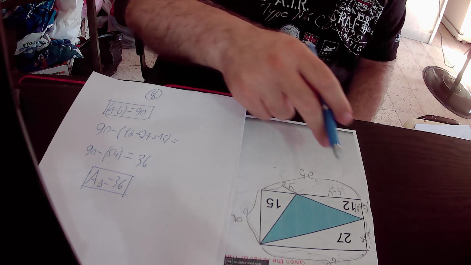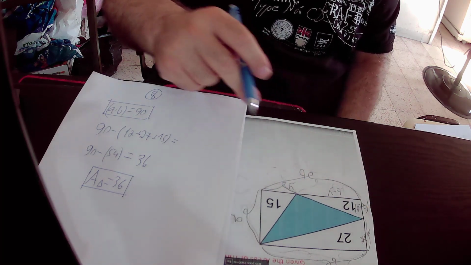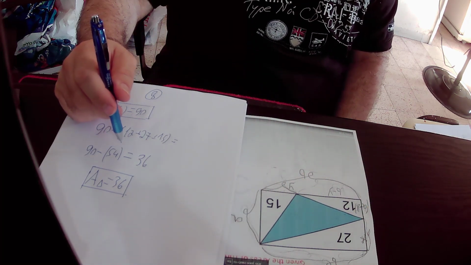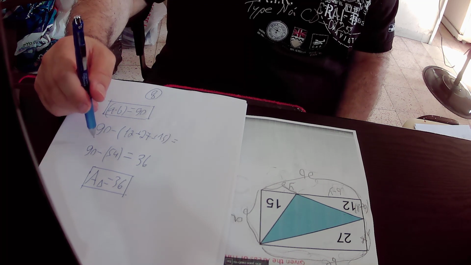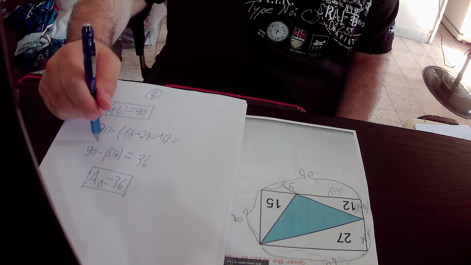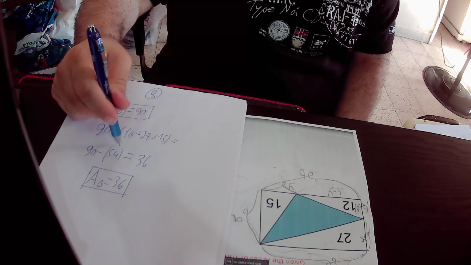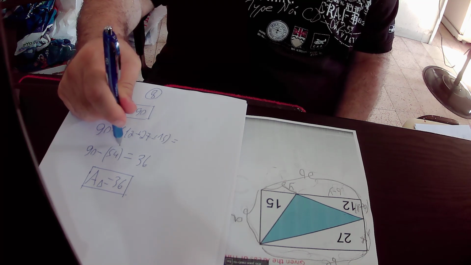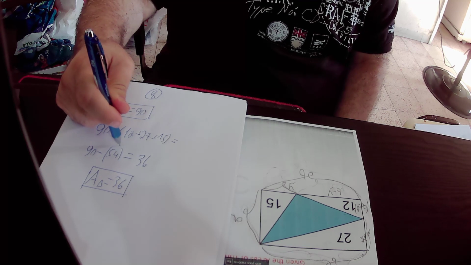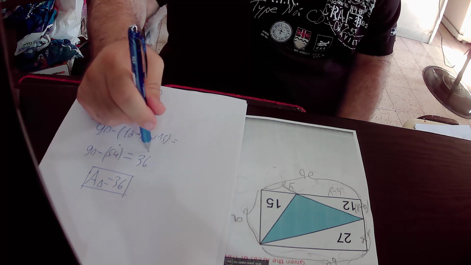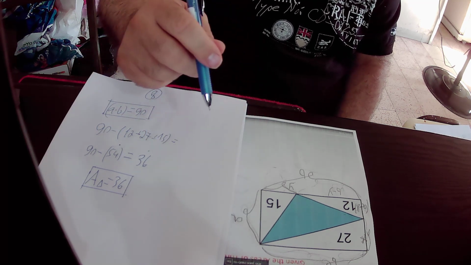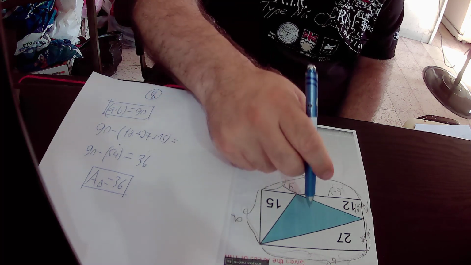So the total area of those three right triangles equals 54 units. So the area of the rectangle, that is 90 units, minus the total area of the three right triangles, that is 54 units, equals 36 units, that is the area of the blue triangle.